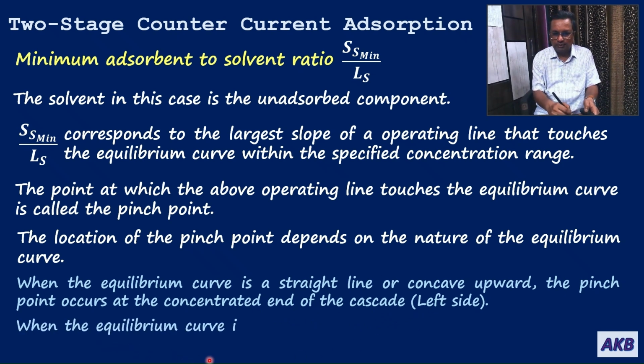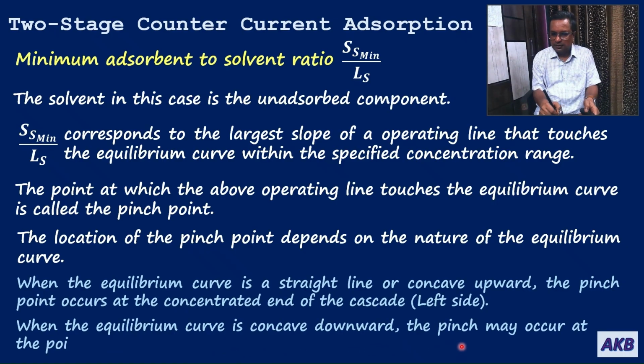And when the equilibrium curve is concave downwards, the pinch may occur at the point of tangency. By the use of Freundlich adsorption isotherm, you can find the minimum adsorbent to solvent ratio only for the first case, that is when the equilibrium curve is a straight line or it is concave upward.